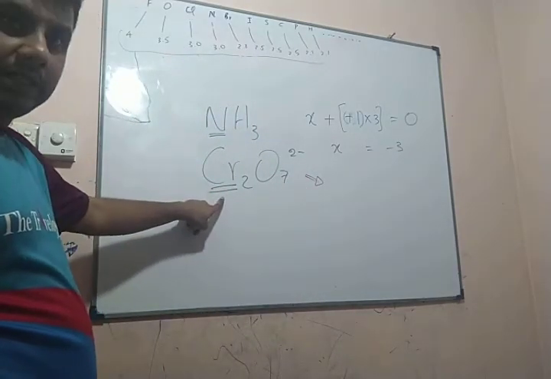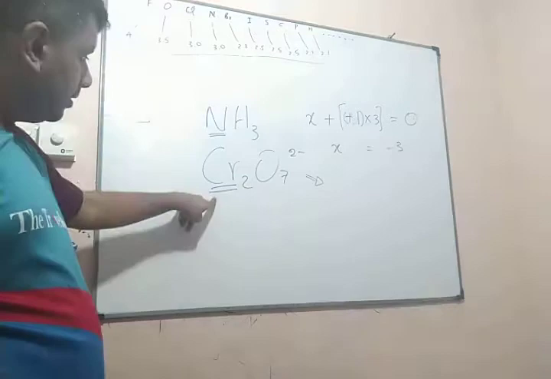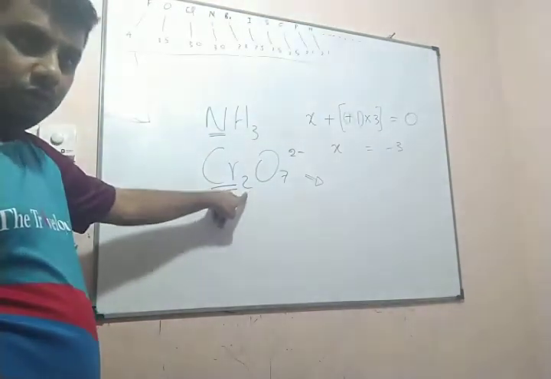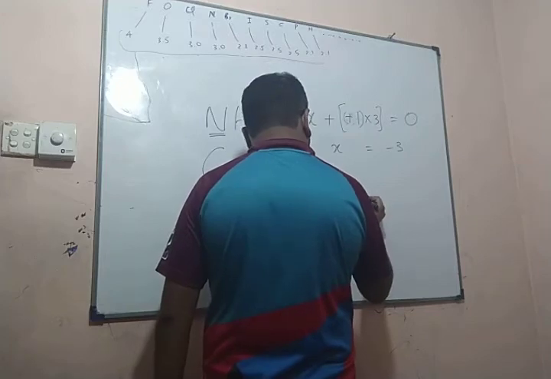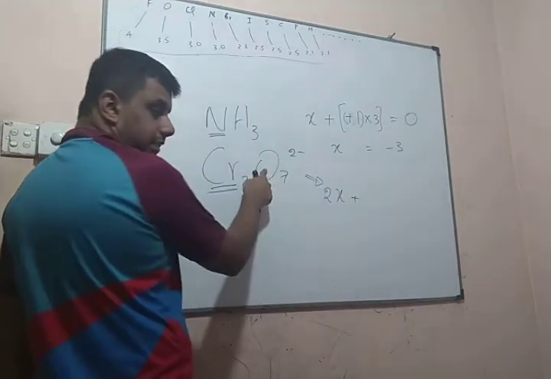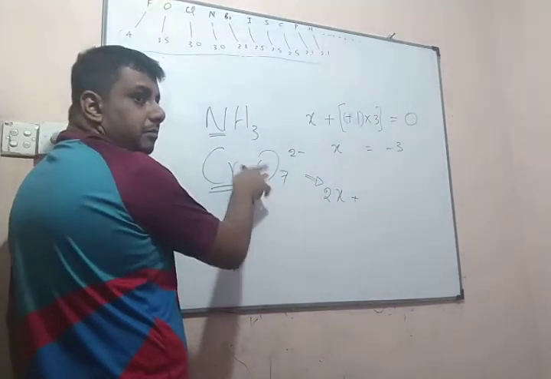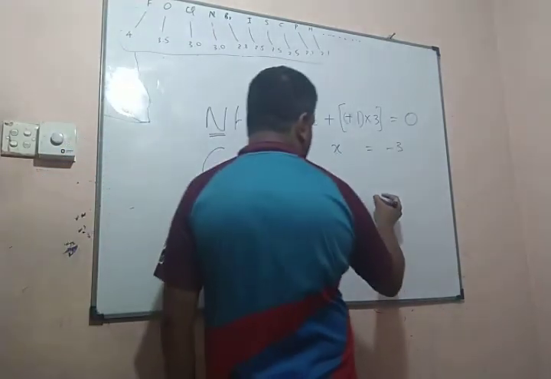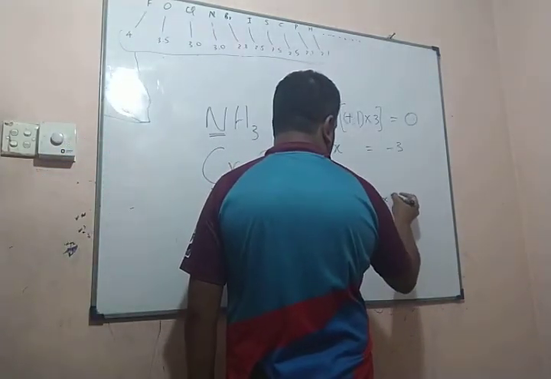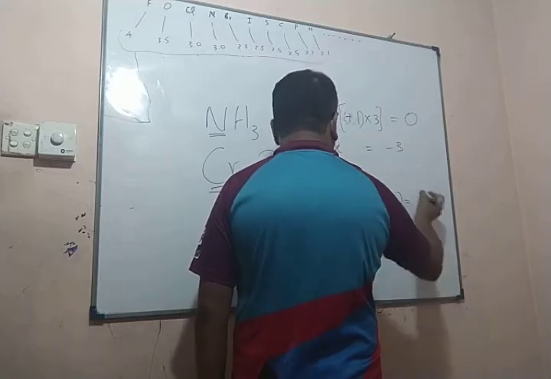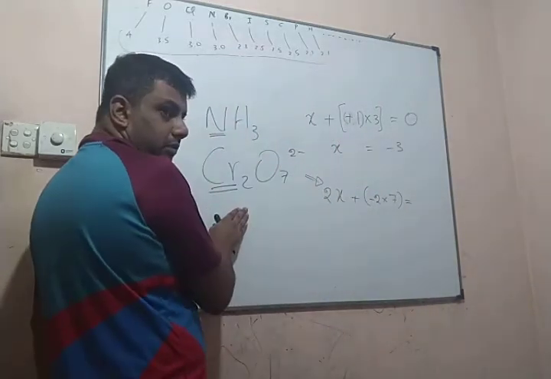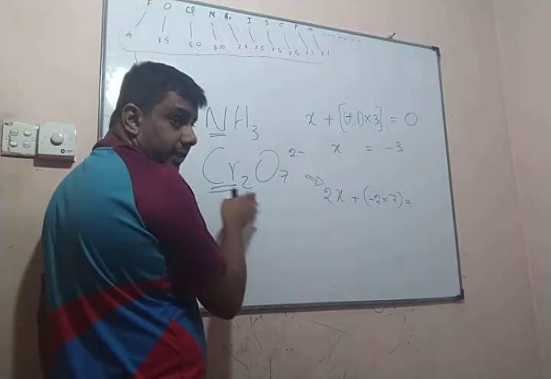Okay. And then this chromium, you should know the oxidation state of chromium. How many chromium atoms? 2. So 2x plus, what's the oxidation state of oxygen normally? Minus 2. So minus 2 into 7 is equal to what? Sum is equal to minus 2. Why? It's an ion.